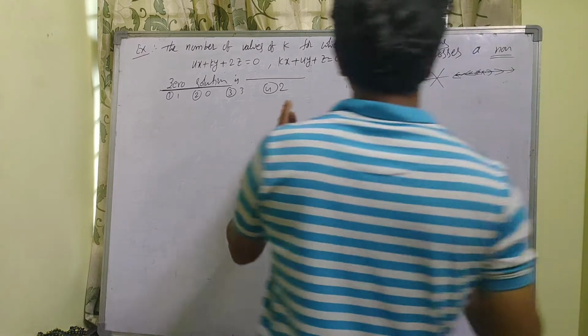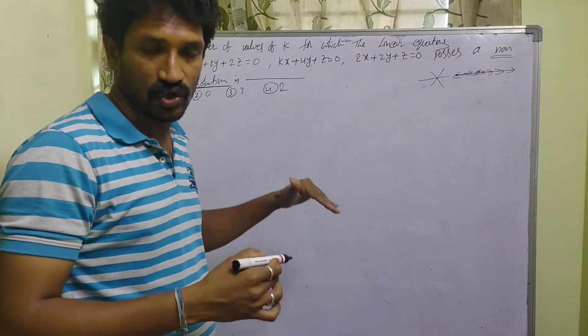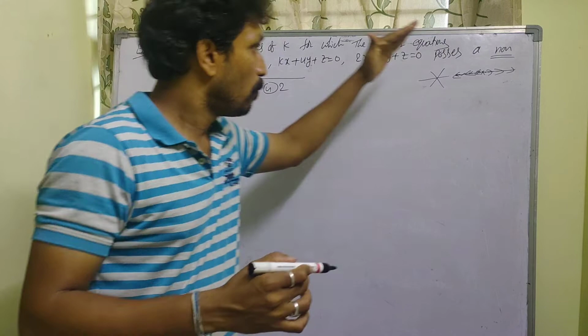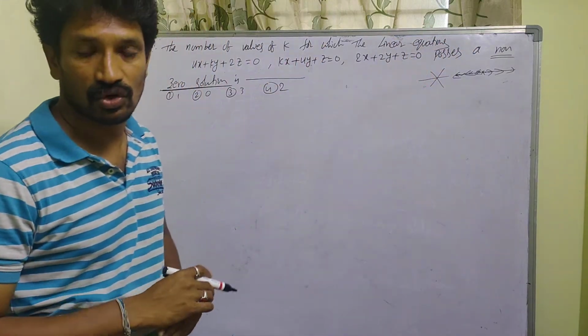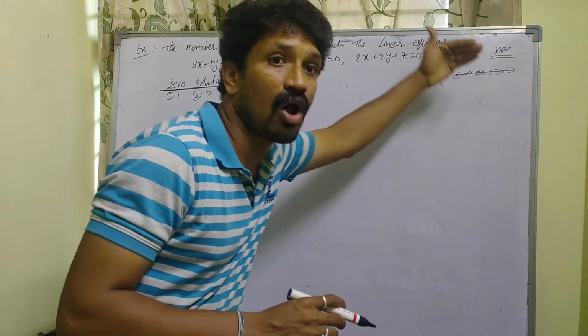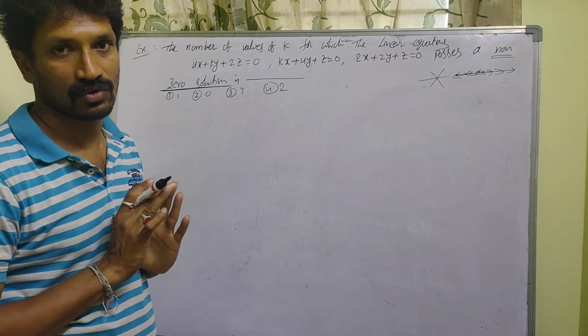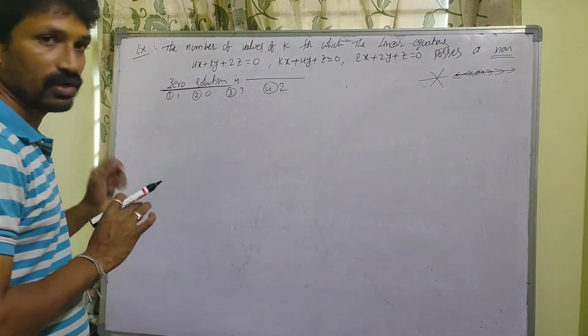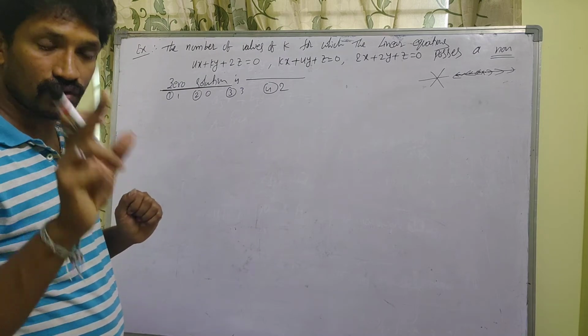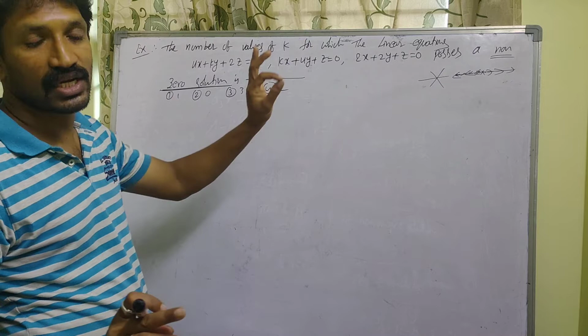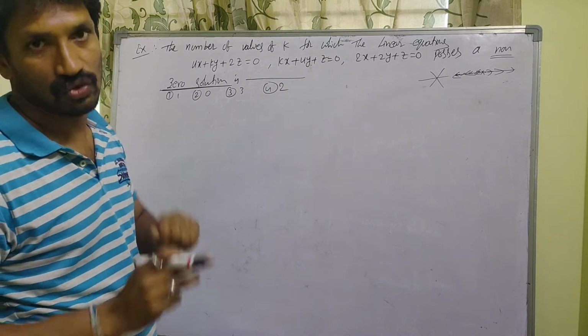So they may ask you a question like this: possess a non-zero solution, possess infinitely many solutions, possess non-trivial solutions. All these mean the same only. That is important to remember. If it has only a unique solution or only the trivial solution, that means it has a unique solution.